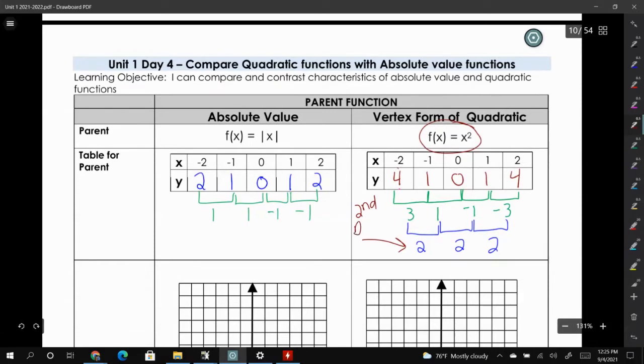And the reason why it's called second difference is we took the y values, we subtracted them once, and this is where this 3, 1, -1, -3 came from. And then we subtracted those values and got 2, 2, and 2. That is a second difference. That is how you can tell that a table is a quadratic function. So we will be using that frequently.